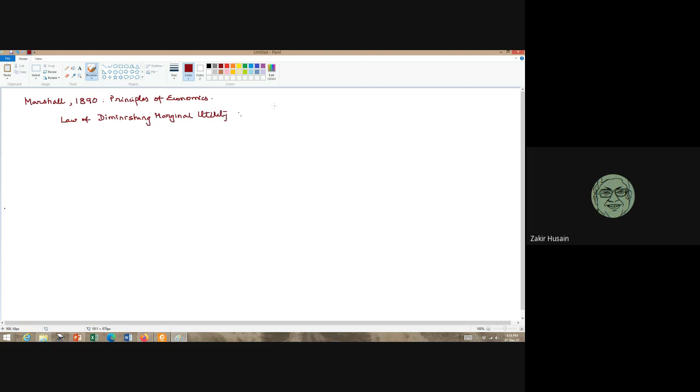So this basically says that if you look at consumption, this is total utility and this is marginal utility. As you increase consumption, your utility will go from 0 to 10.